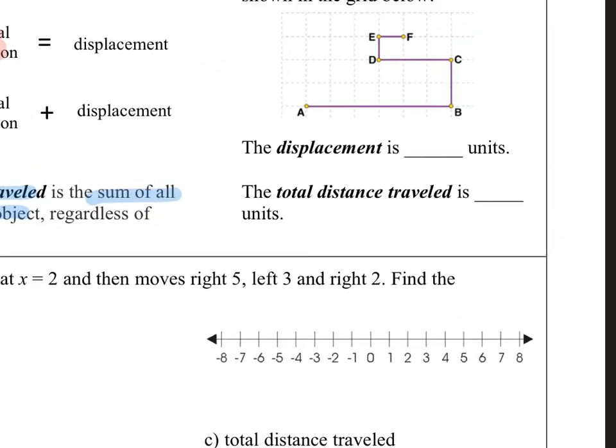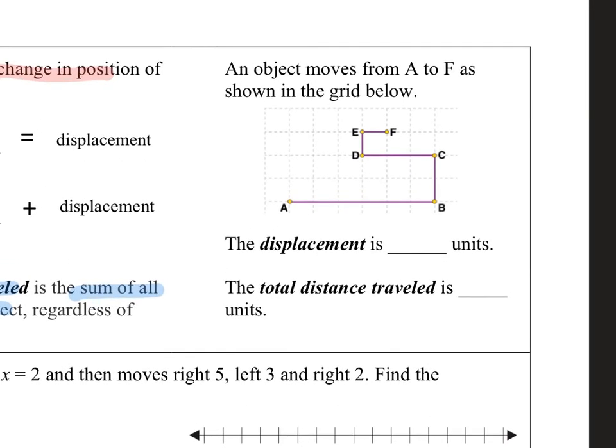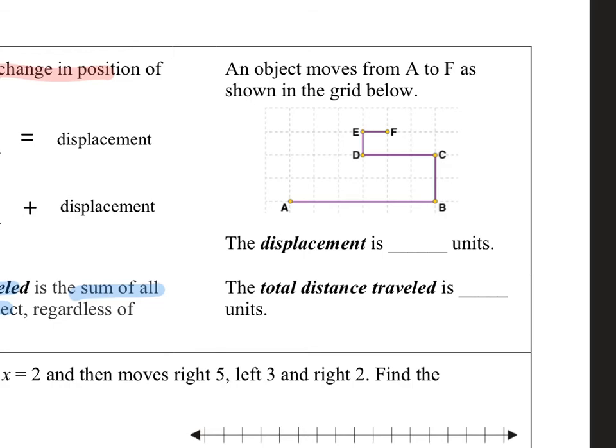So over here, just so you could see the difference between the two, I have an object that starts at A, and it goes to B, to C, to D, to E, to F, and it ends up at F. If I wanted the displacement of this object, my displacement would be that direct line distance from the ending to the beginning.